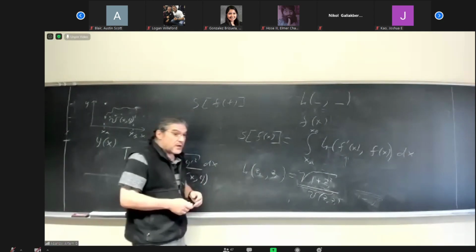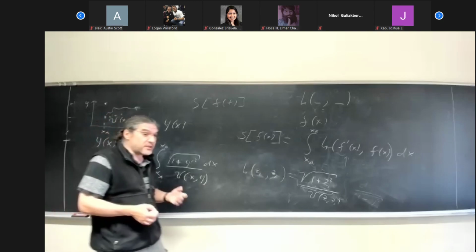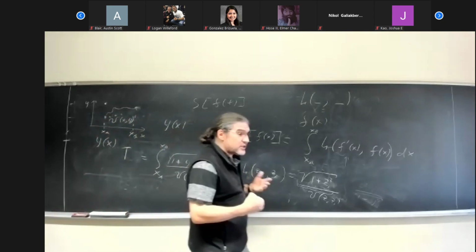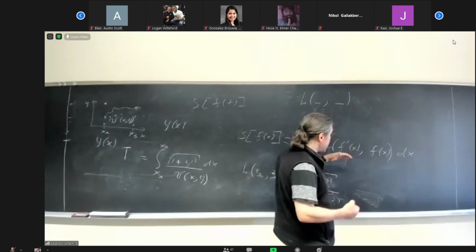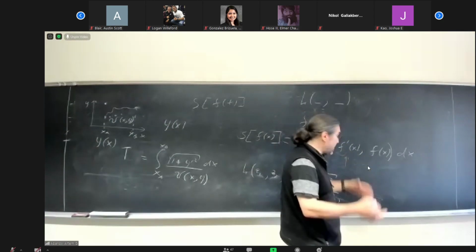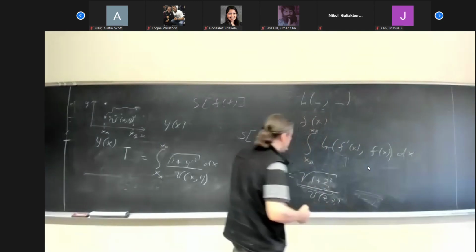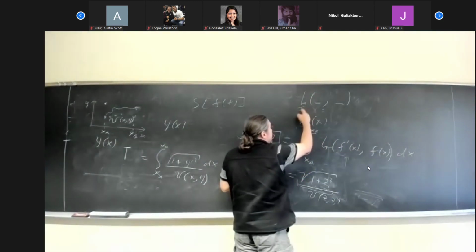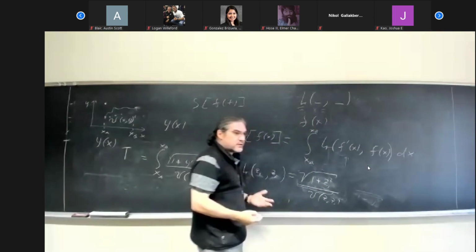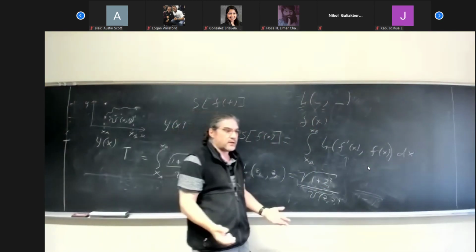All right. So it turns out, quite interestingly, that this question can be answered. We can write a differential equation, the solution of which will provide us with the minimum of this functional. Again, the functional is defined by this function L, so we must know it. Otherwise, we don't know what we calculate.